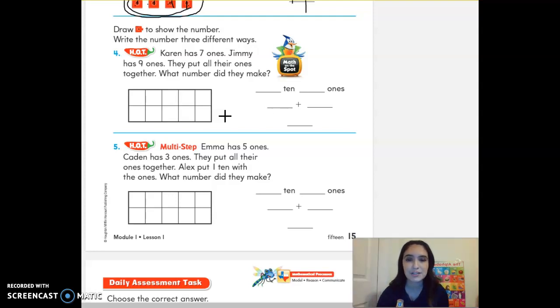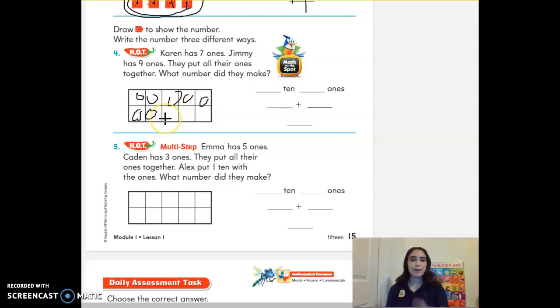Okay, what is the first step that we should do? Our first step would be to put the 7 ones that Karen has in this box. Okay, here's 1, 2, 3, 4, 5, 6, 7.